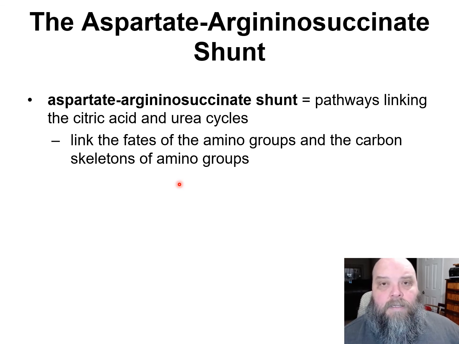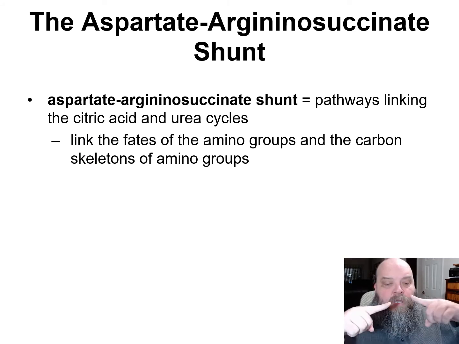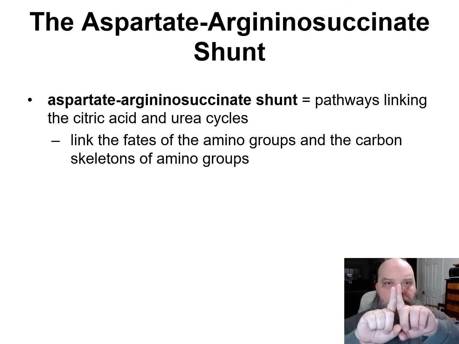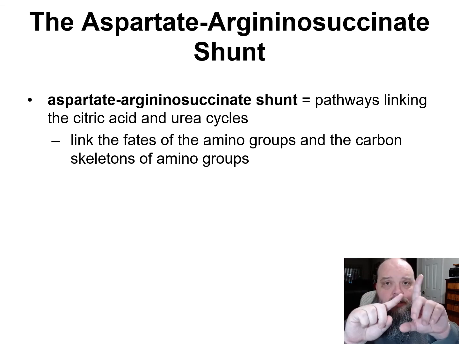Two completely different metabolic pathways that just happen to intersect at a couple of steps. And then when it's time to split, which way do those intermediates go?